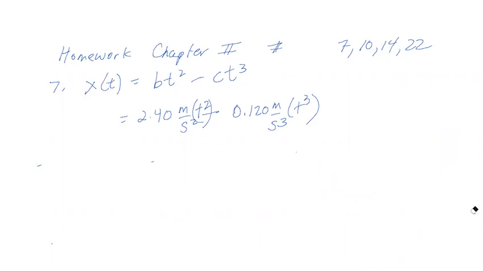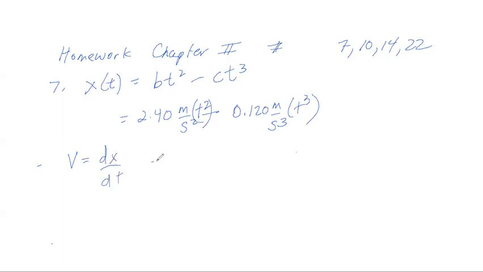Okay, now for B. So v instantaneous is going to be equal to dx dt.